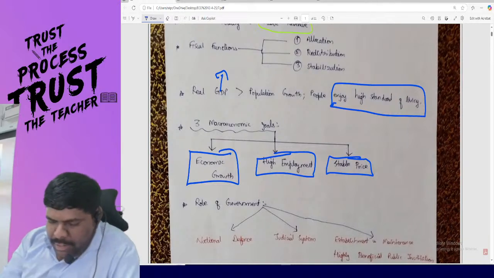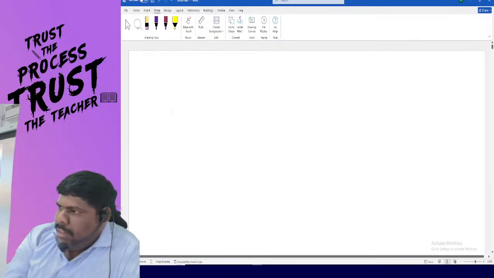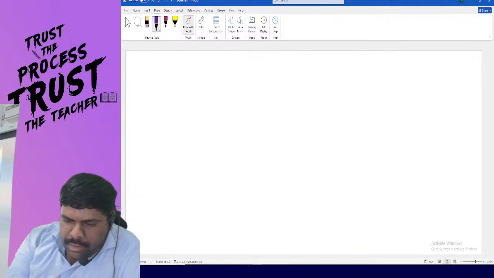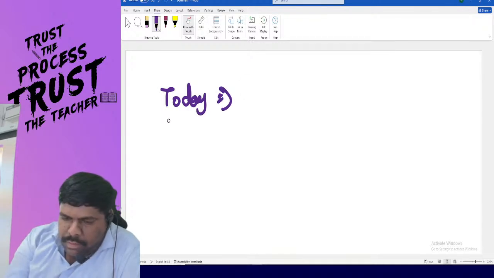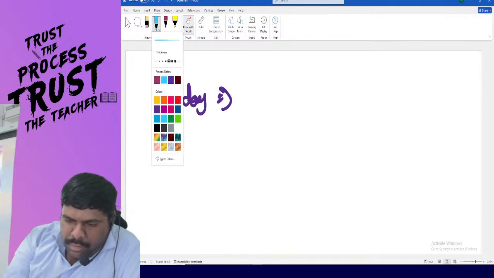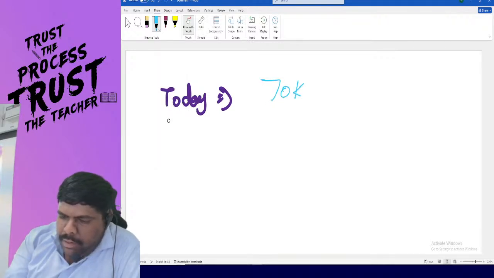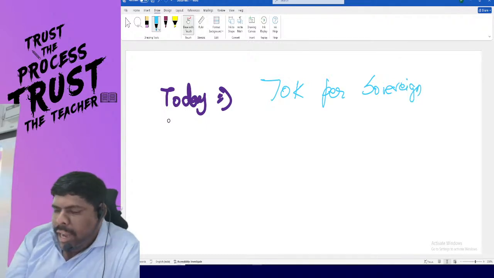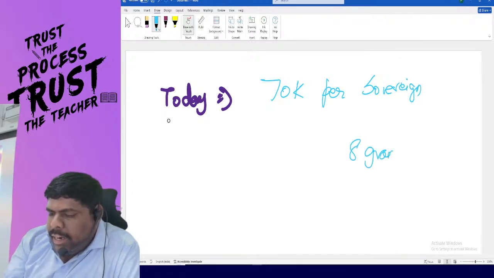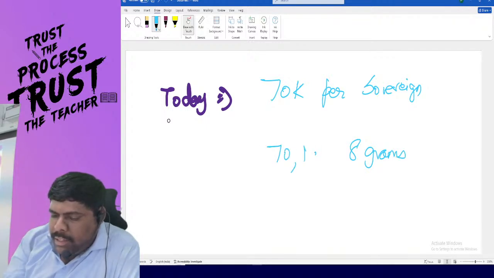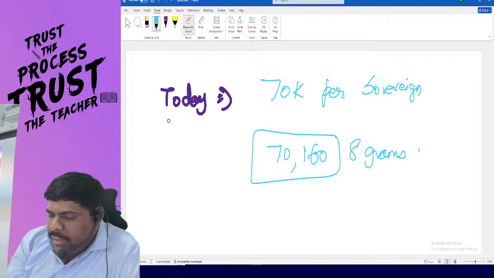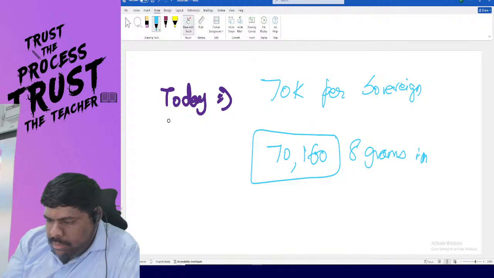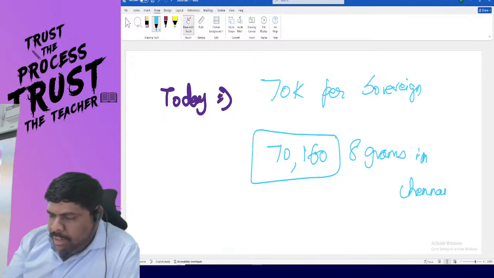Ma, listen, very simple. See, as of today, it is something per sovereign, so 8 grams. For the first day it has crossed something like 70,000 today in Chennai. Right.